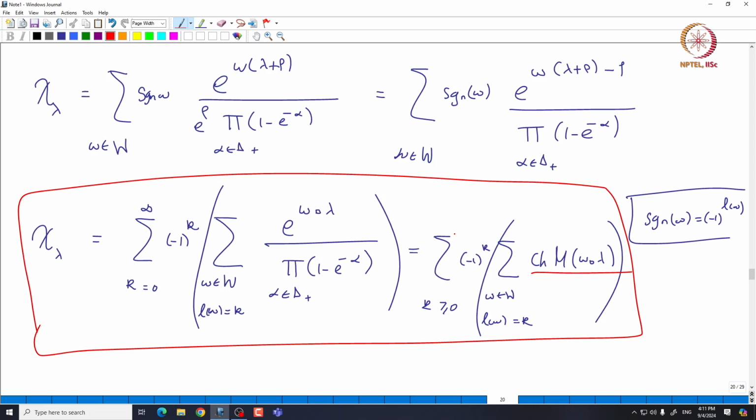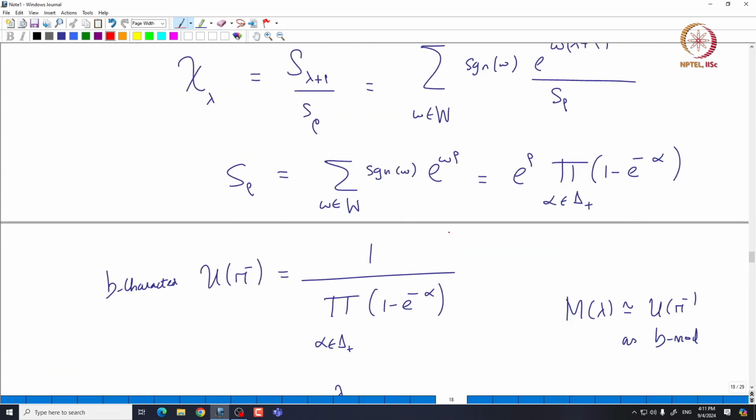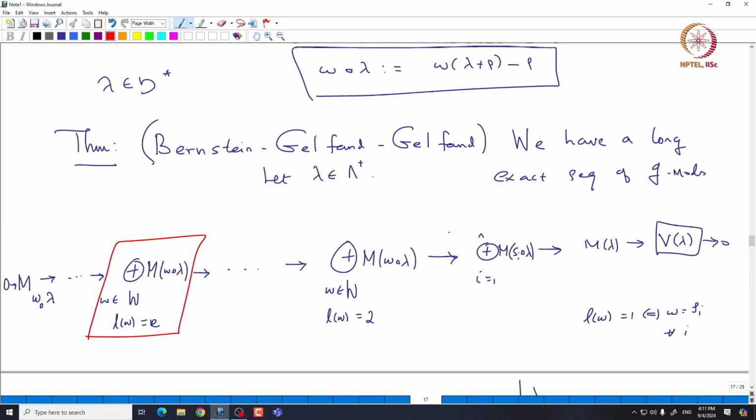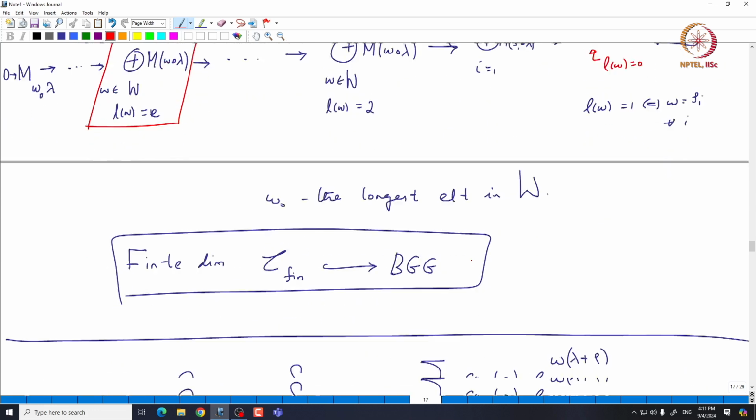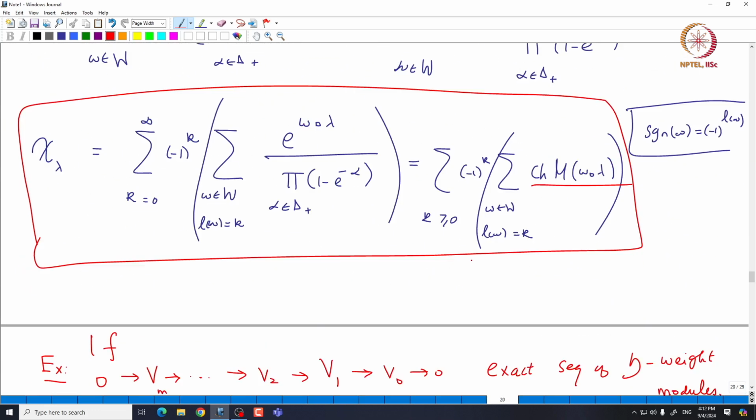If the length is 0, then it is exactly e power lambda, which corresponds to M lambda. There is no issue here. This corresponds to length 0, and the length 0 term should have a positive sign, that is what we wanted.